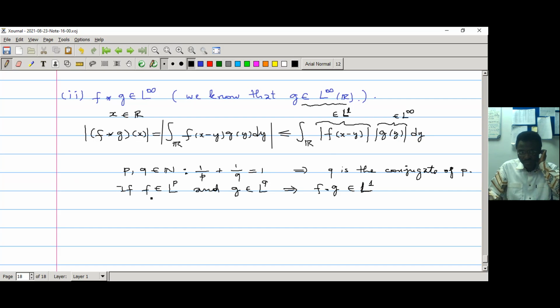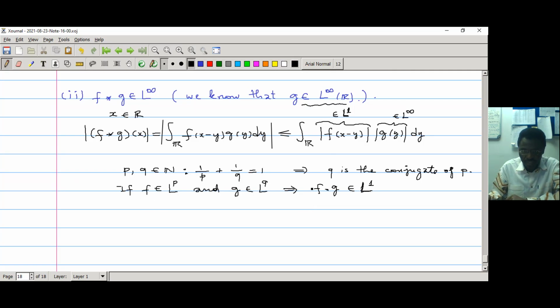So in other words, if I have P and Q satisfying this condition, F is in LP and G is in LQ, then this integral is finite. The integral of the product of the two is finite. That's exactly what Hölder inequality means.